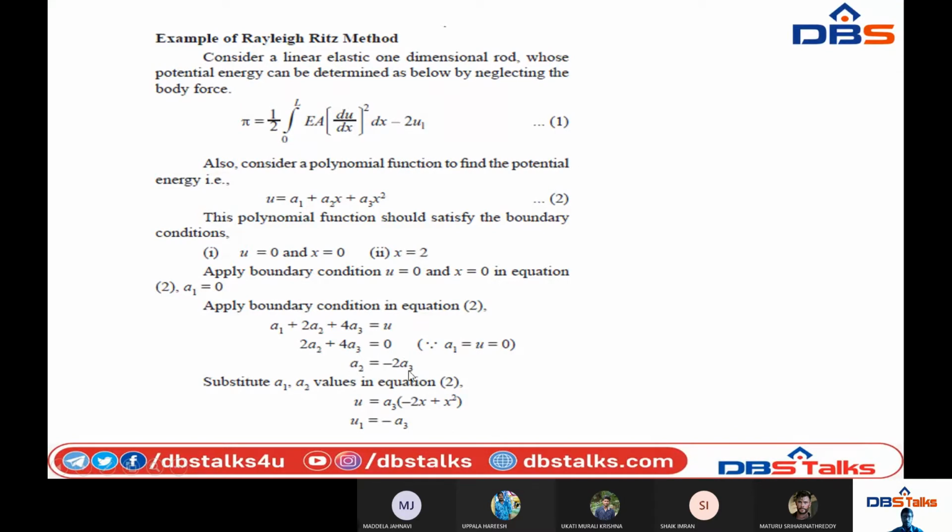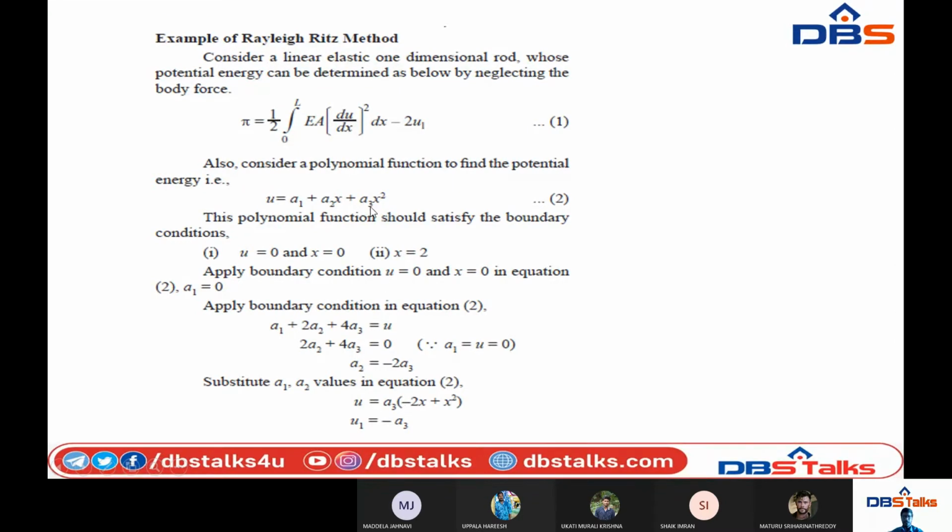Now I know a1 equal to 0 and a2 equal to minus 2a3. I'm taking these two values and substituting them in equation 2 for getting the value of u: u equal to a1, which is 0, plus a2, which is minus 2a3, times x, plus a3 x square.